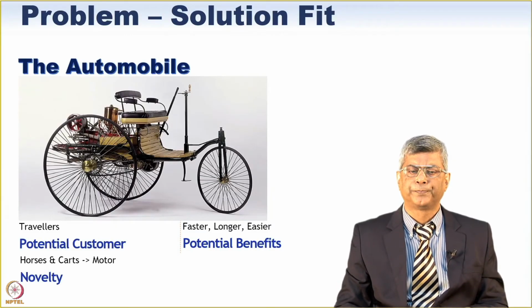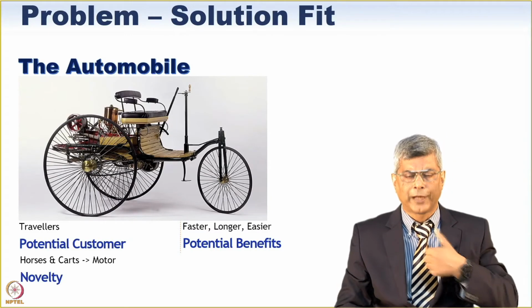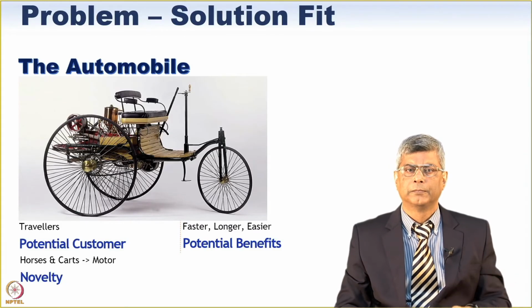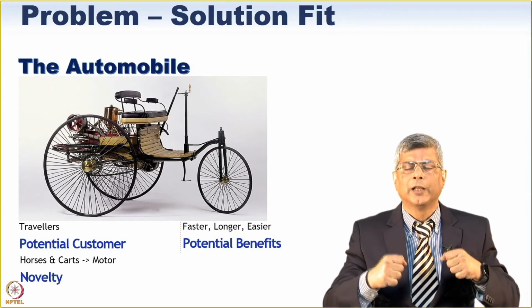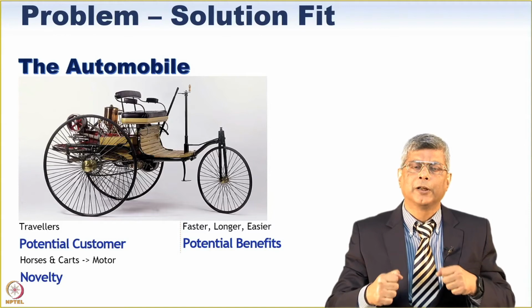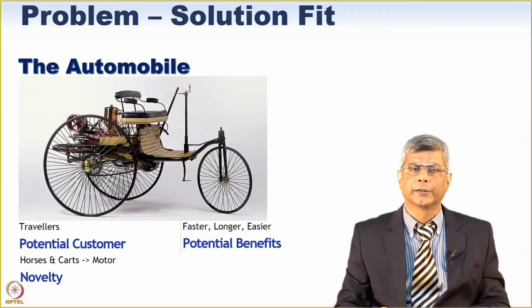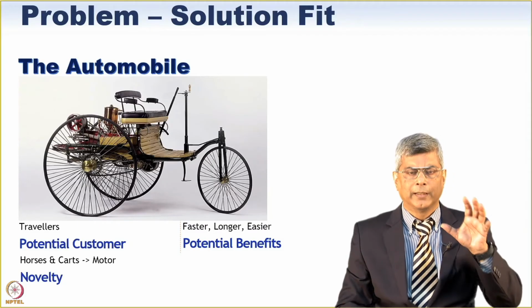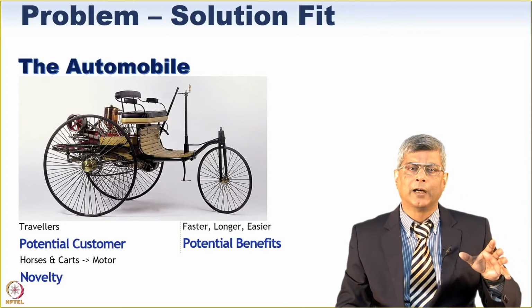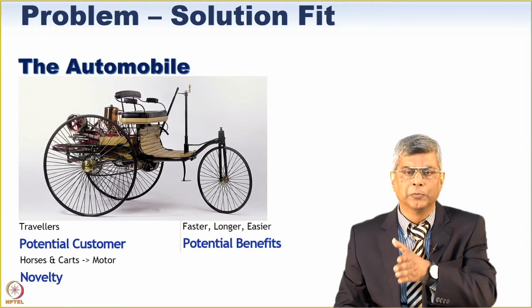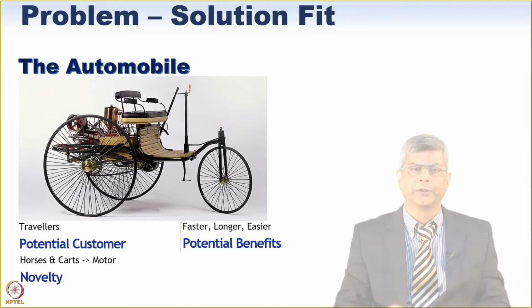Faster, could travel longer, easier. You had to learn how to drive, but you did not have to learn everything about breeding a horse. And the innovation was going from horses and carts to the automobile, which we are still using today.